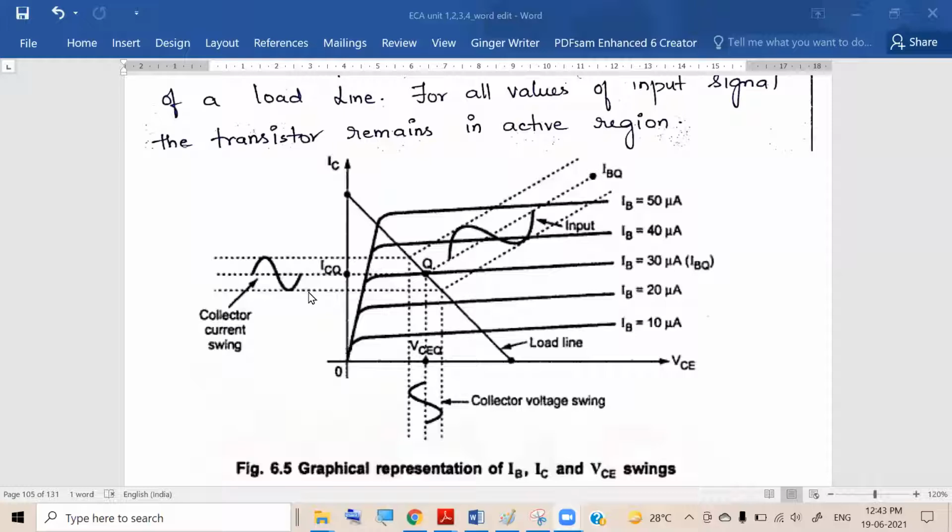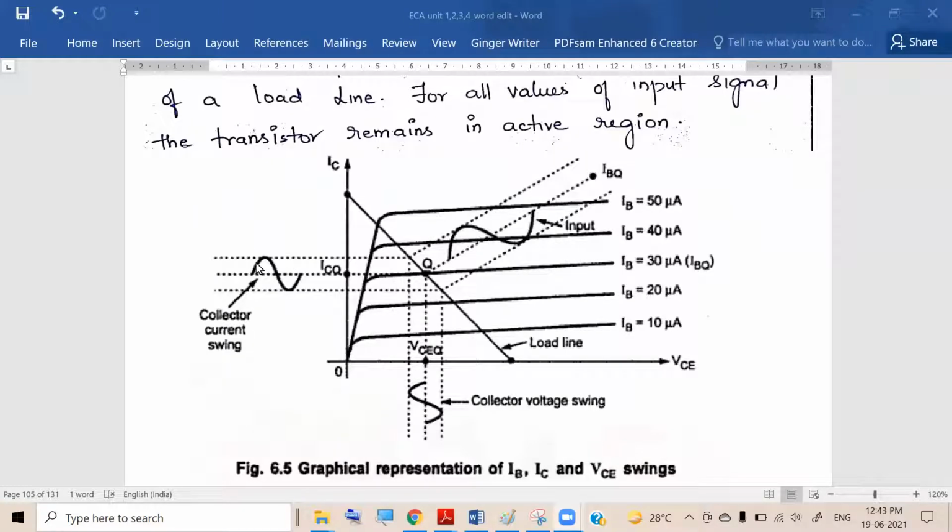So when you give a sinusoidal input signal, IB varies sinusoidally, and we get an amplified version of IB at IC. It varies sinusoidally by a small magnitude multiplied by beta, say 200 times, so we get a large IC.